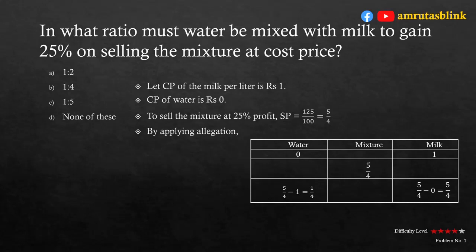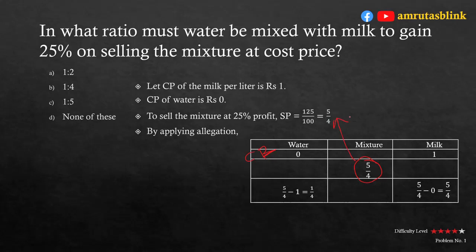Then in the second row, we will write the cost price of both. Now, the cost price of water is 0 and the cost price of milk is 1. Now, what should be the selling price of this mixture? What should be the ratio? This ratio is 5:4, which we have just calculated.